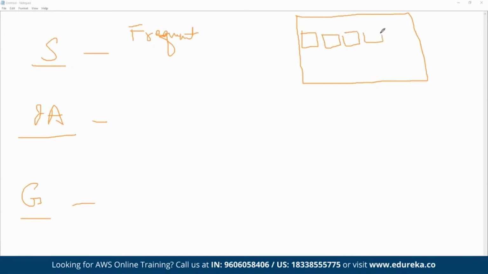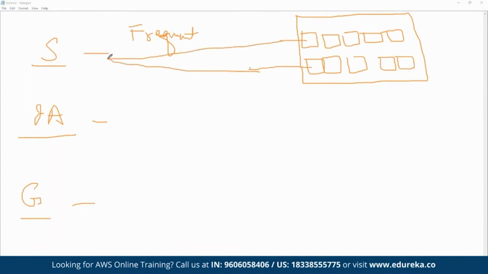These files need to be shown to the users on the website on a regular basis. Since these are recent files, we can store all of these images as part of the Standard class in S3, because they need to be accessed on a frequent basis.